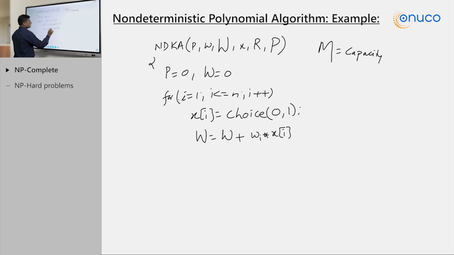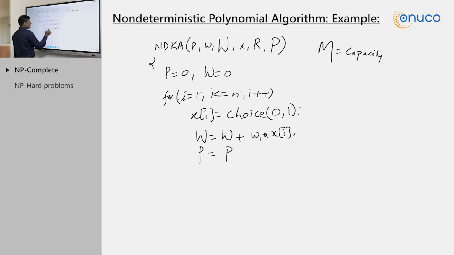This is the weight part. The total weight we have calculated for that ith element along with the weight selections. So it will give you the total weight. Similarly, we are going to find the profit of the selected element.